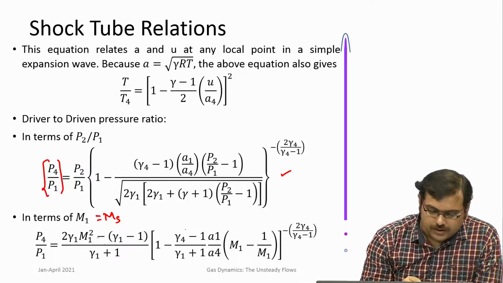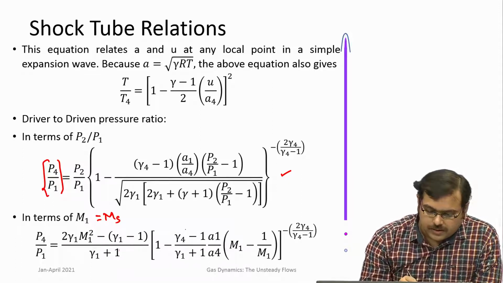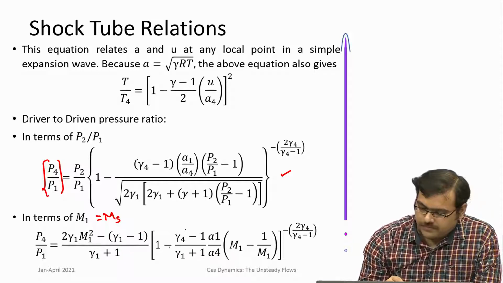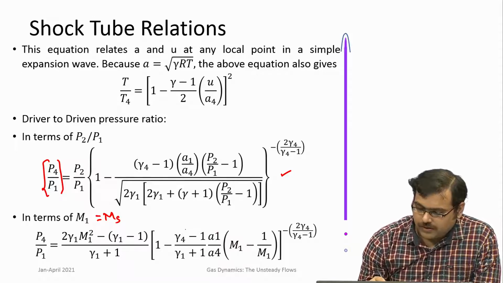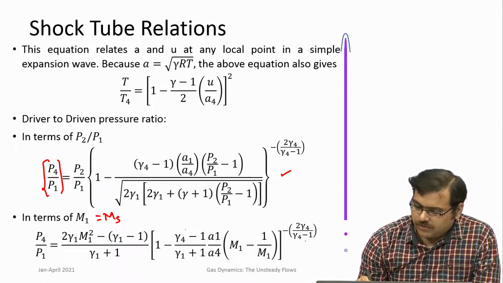So 2 gamma M1 square minus gamma minus 1 by gamma plus 1, multiplied by 1 minus gamma 4 minus 1 by gamma 1 plus 1, a1 by a4, M1 minus 1 by M1, to the power 2 gamma 4 by gamma 4 minus 1.